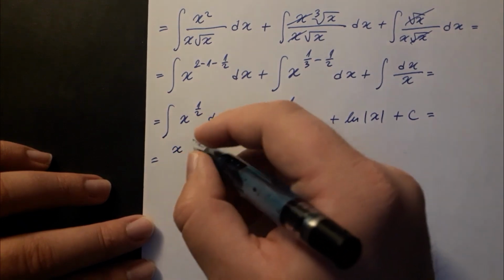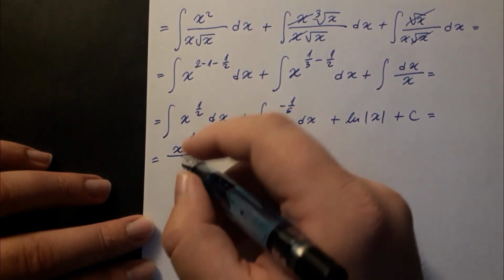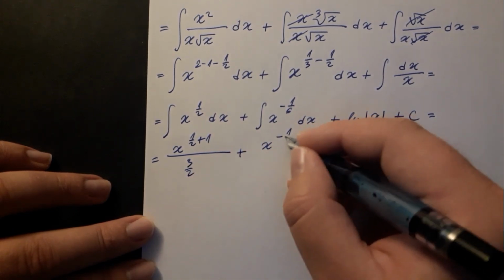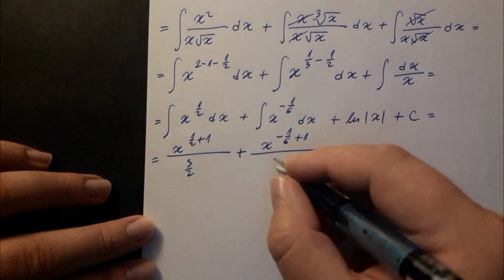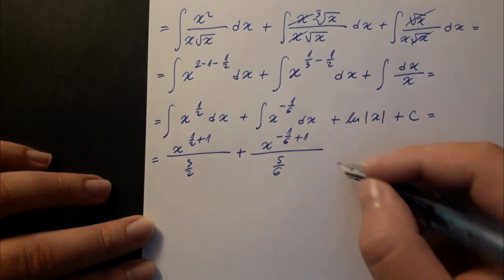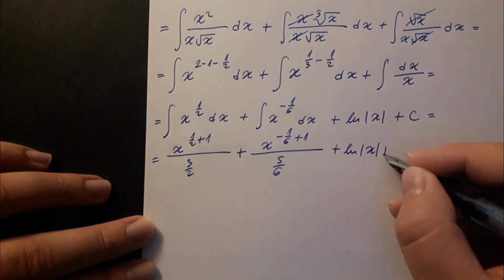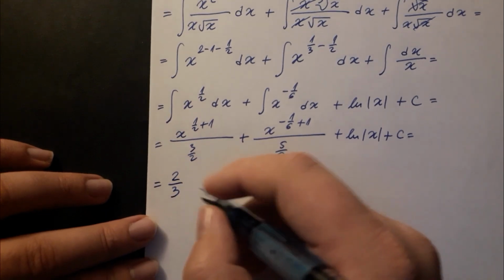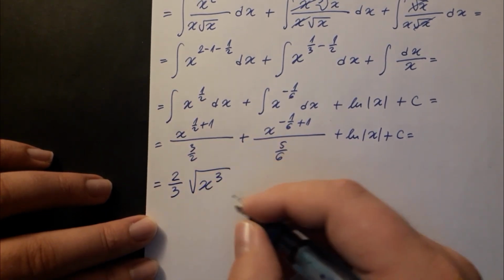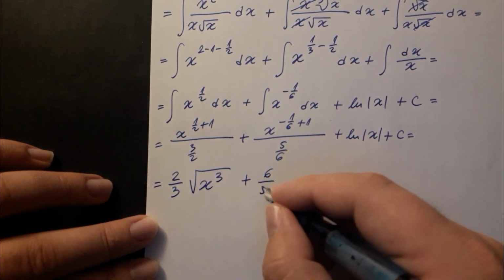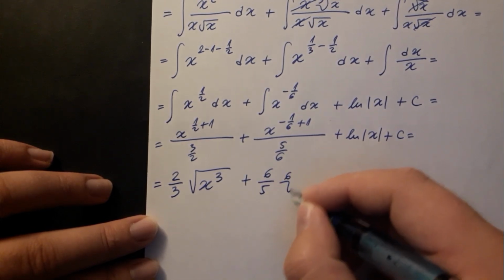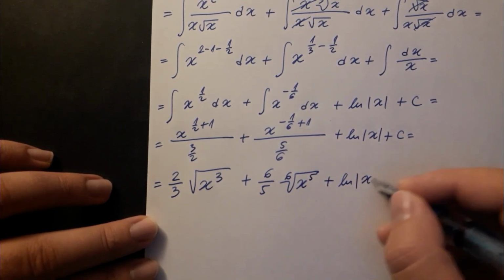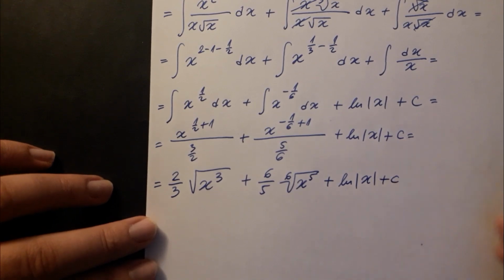So this is equal to x to the power 1/2 plus 1 divided by 3/2 plus x to the power negative 1/6 plus 1 divided by 5/6 plus ln of absolute value of x plus c, and this is equal to 2/3 a square root of x cubed plus 6 divided by 5 sixth root of x to the 5th power plus ln of absolute value of x plus c.